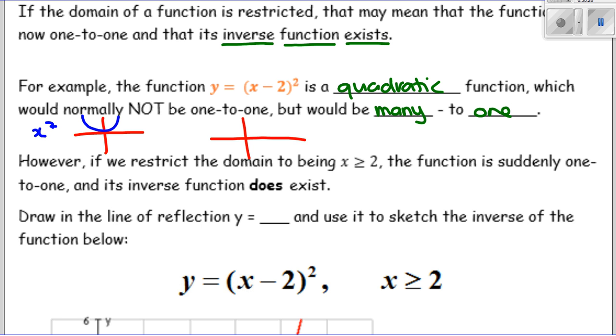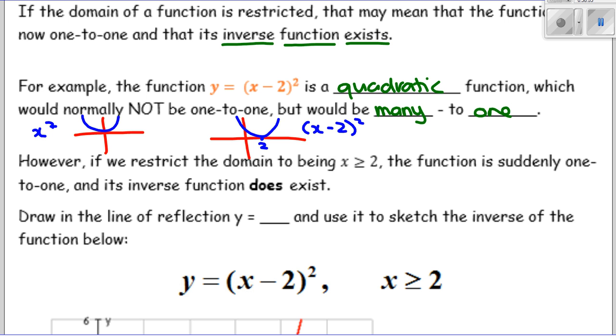To the right 2 units. Transformations are embedded in here already, but we do it formally as well. This is a horizontal transformation 2 units to the right, so instead of its vertex being at 0, 0, its vertex would be at 2, 0. So this one is x minus 2 squared.